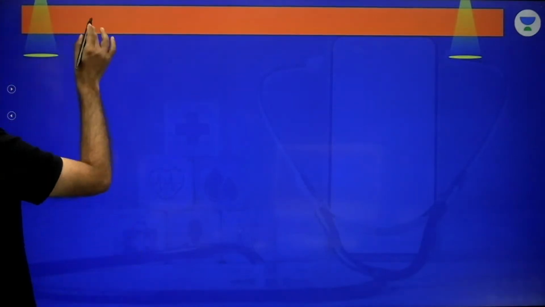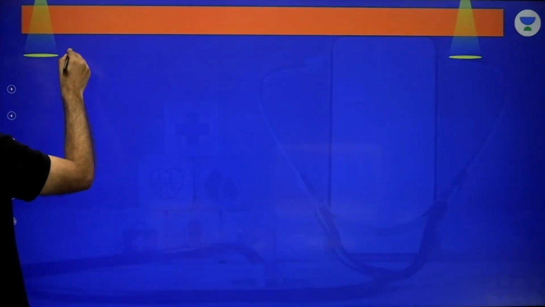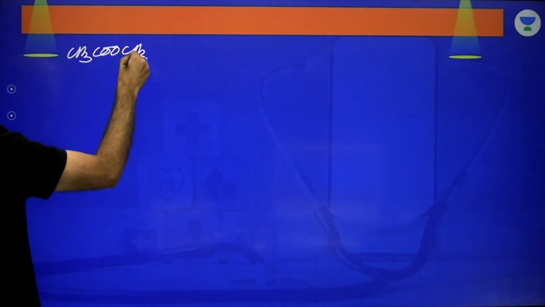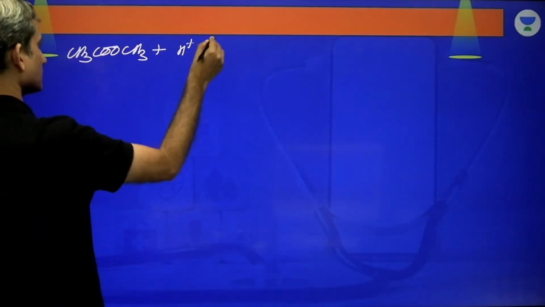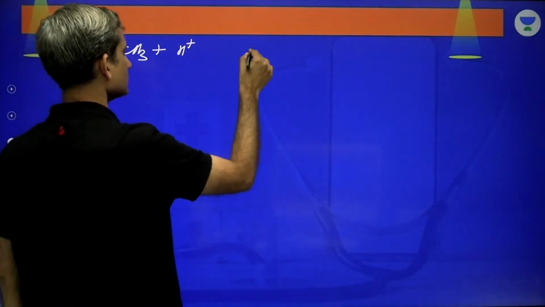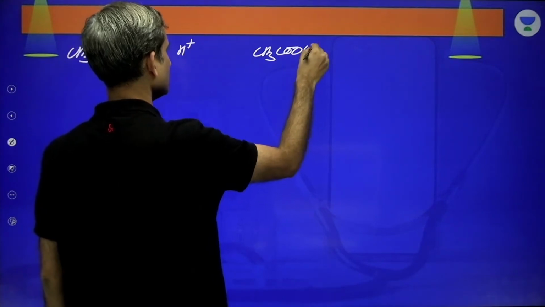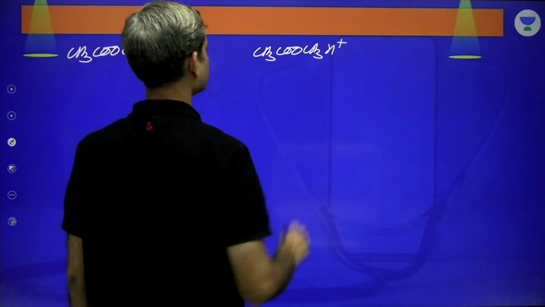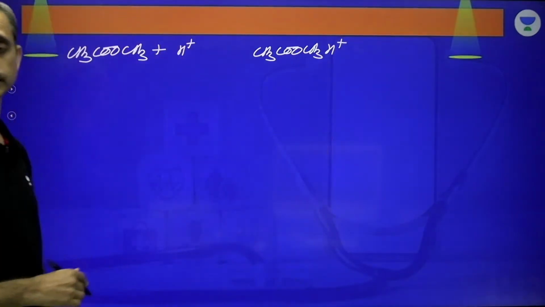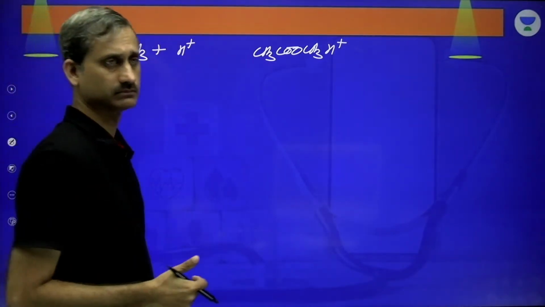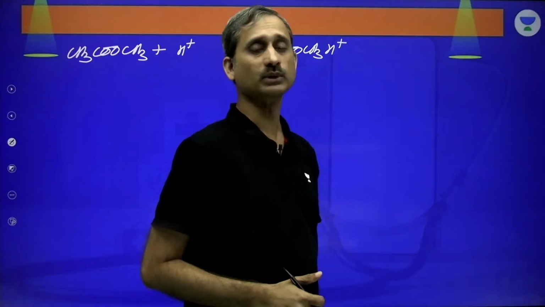So what we can know is that CH3COOCH3 plus H plus gives us CH3COOCH3H plus. Okay? If we talk about this reaction, this reaction could be an equilibrium, because the next step to it is a rate determining step.